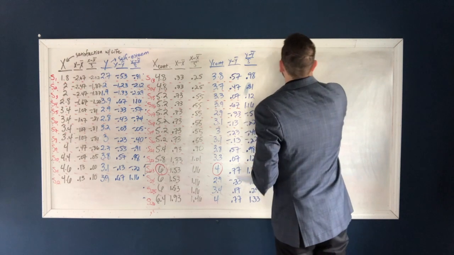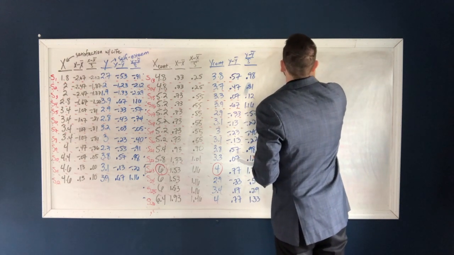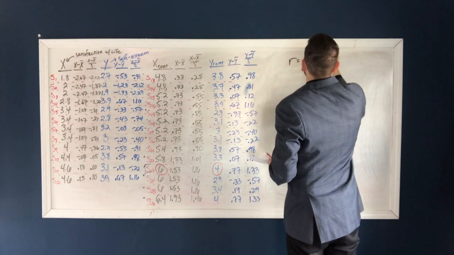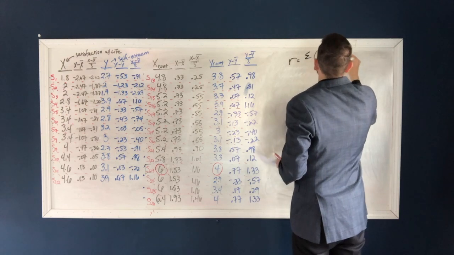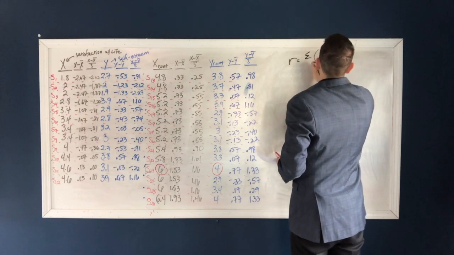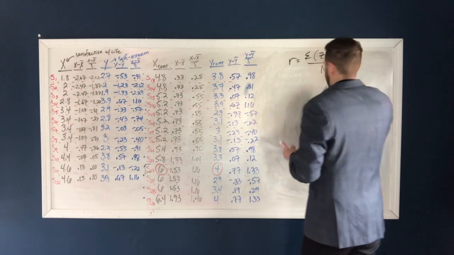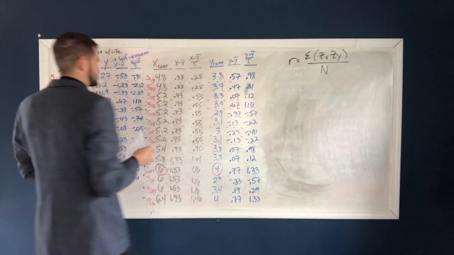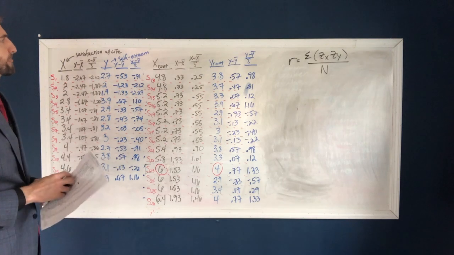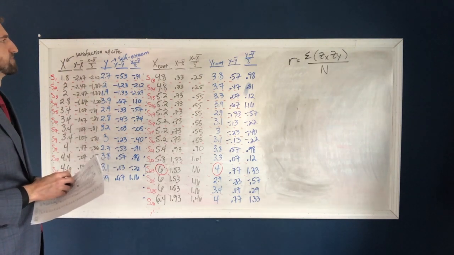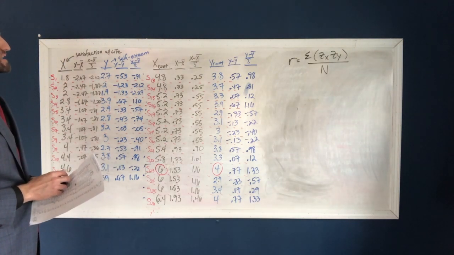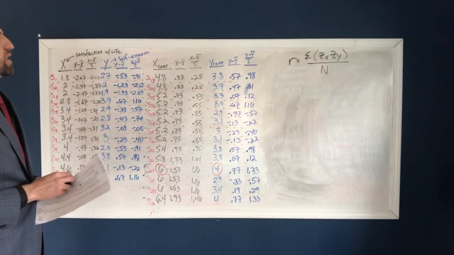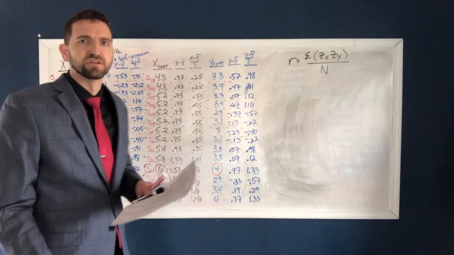Okay, so now we're going to figure out how to calculate R. R equals the sum of Zx multiplied by Zy, divided by n. So that's our equation. Zx multiplied by Zy is the next thing that we have to do.